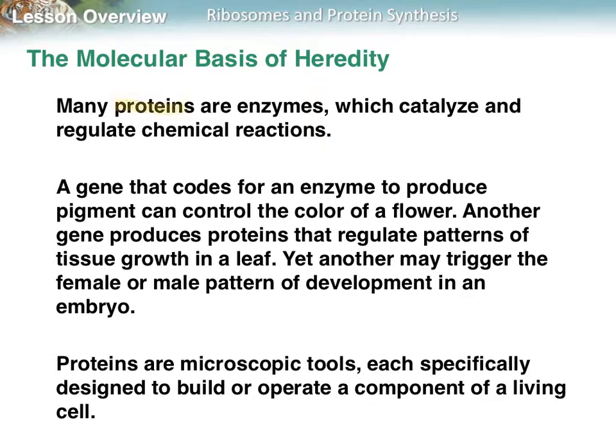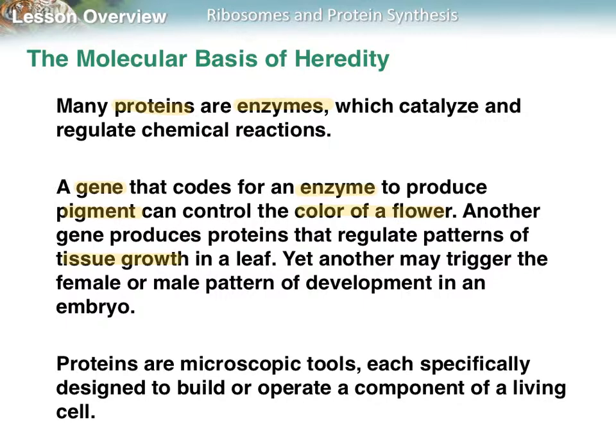Remember that many proteins actually are enzymes which catalyze and regulate chemical reactions. For example, a gene that codes for an enzyme could cause the production of a pigment that controls a flower color. Another gene could produce proteins that regulate the patterns of tissue growth in a leaf.